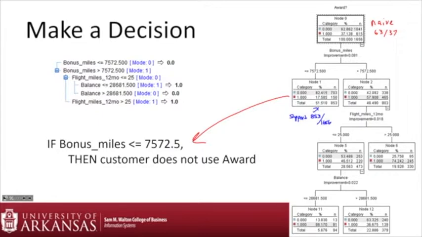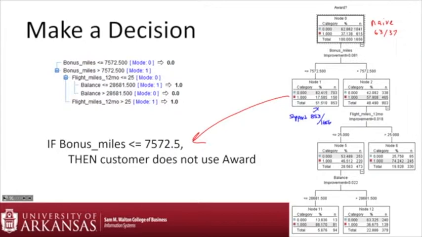But if we keep going on this left-hand side, now these are people who haven't really flown with us over the last 12 months. Now let's talk about their balance. And their balance in this case is, I think, the number of flight points that they have. Do you have a lot or a few? Okay. When I say a lot or a few, it's less than 28, we probably round that to 29,000 points.